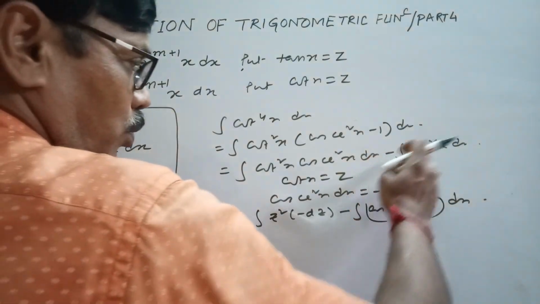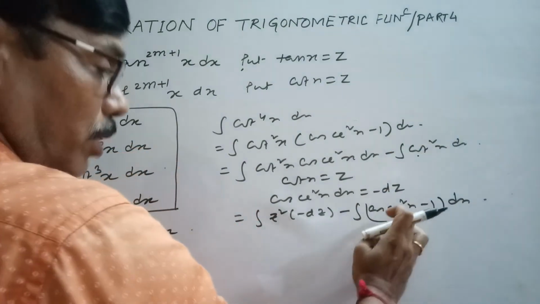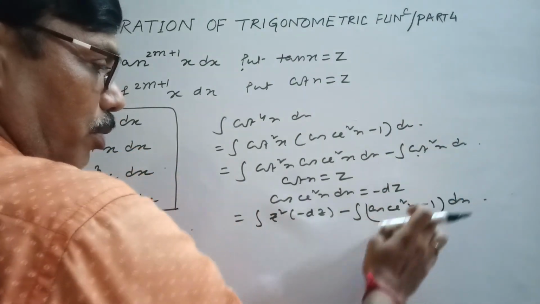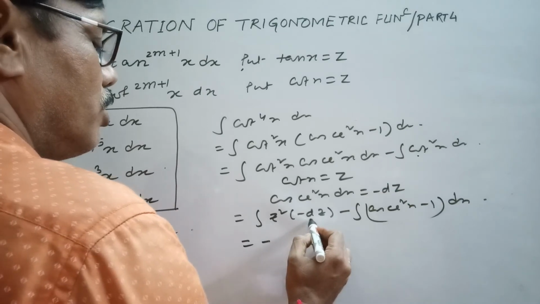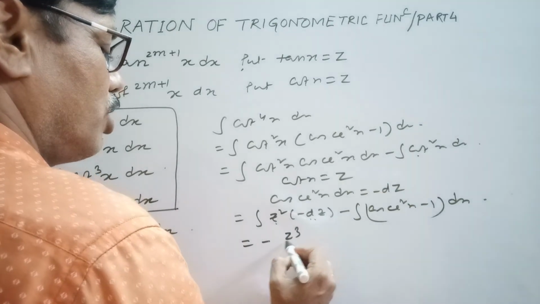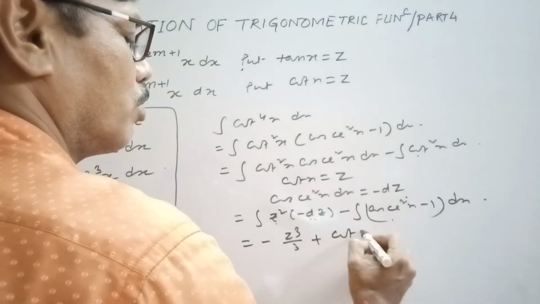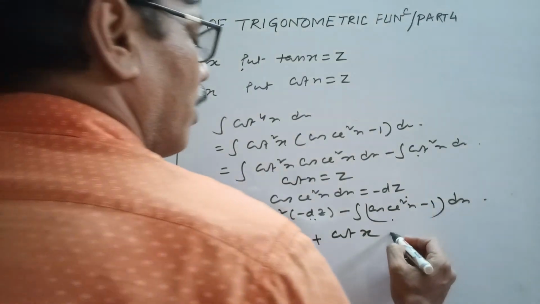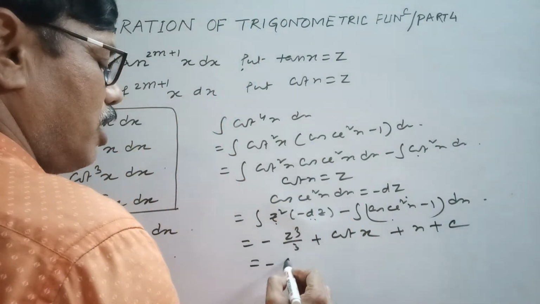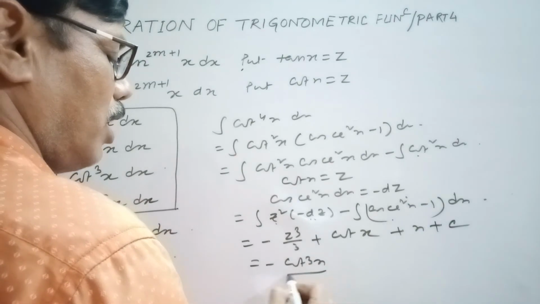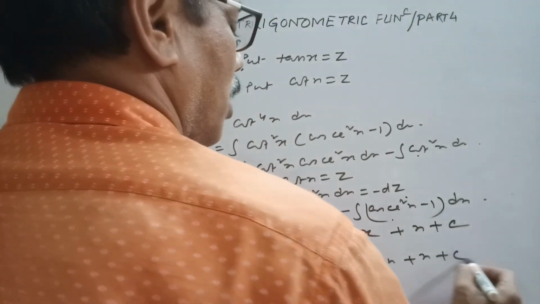So we do not apply a transformation to the second integrand because it can be transformed to standard form if you write it in this form. So minus z square dz, so z cube by 3, so minus cot x, so this one is plus cot x, and this is plus x plus c. Now minus cot cube x by 3 plus cot x plus x plus c.